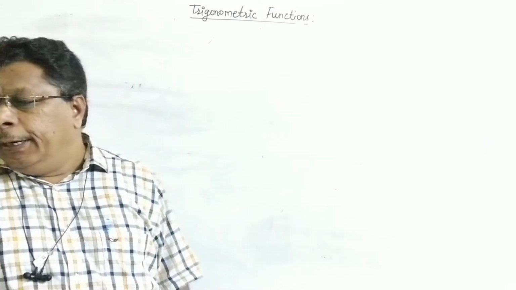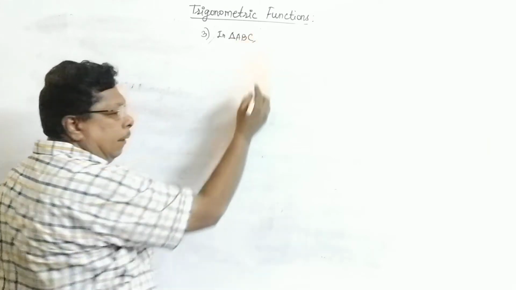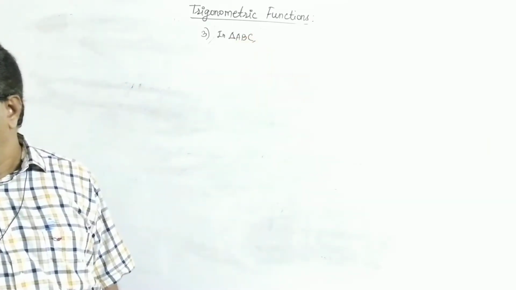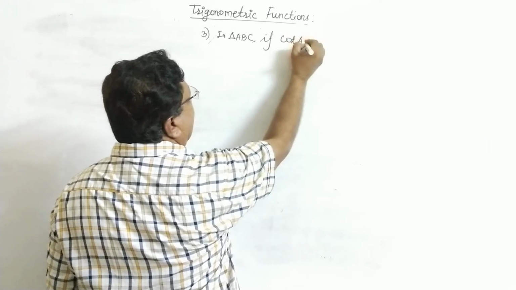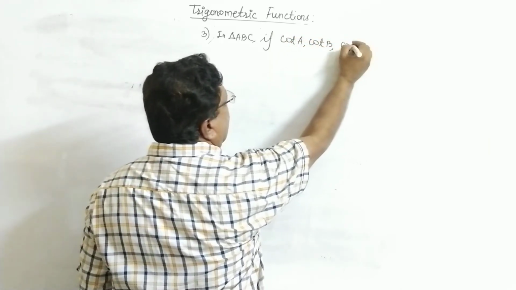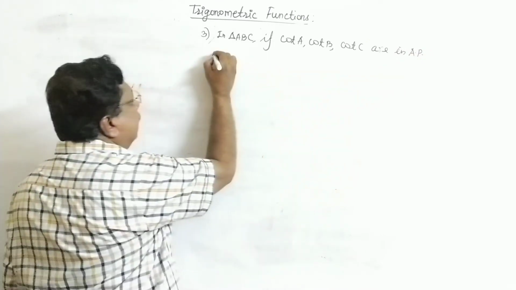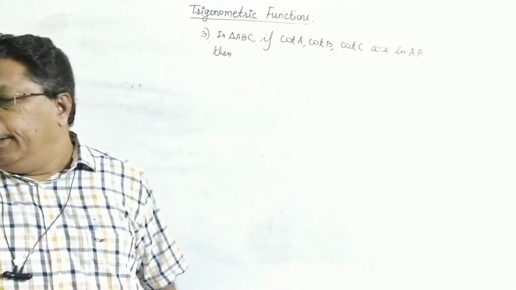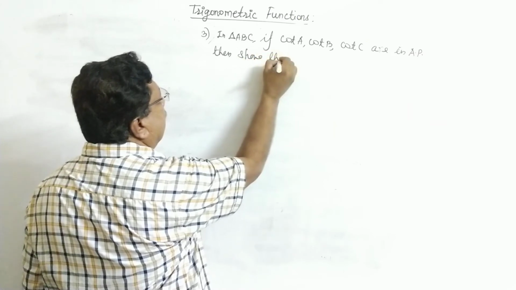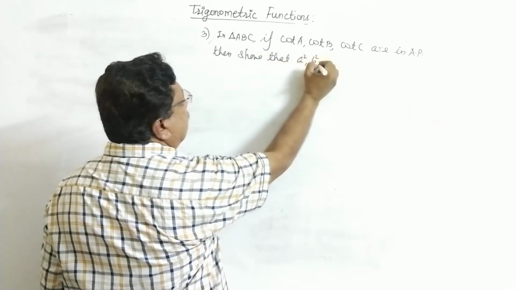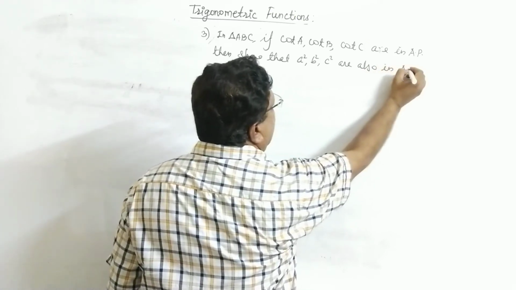Now the next question: in triangle ABC, if cot A, cot B, cot C are in arithmetic progression, then prove that A square, B square, C square are also in arithmetic progression.